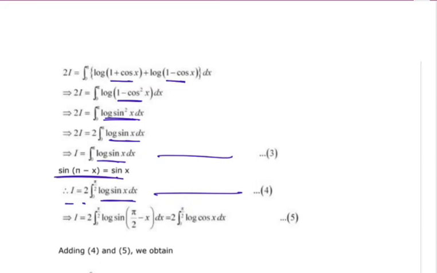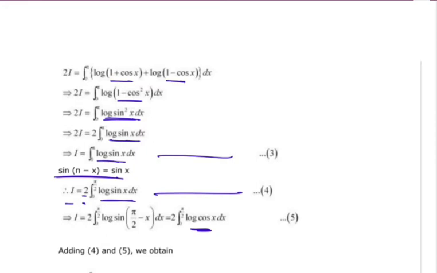So I equals 2 times the integral from 0 to pi by 2 of log sin x dx. Alright, so sin of (pi minus x) is sin x only. So what we are doing here is just changing the limit. When we multiply by 2, we are changing the limit from pi to pi by 2.